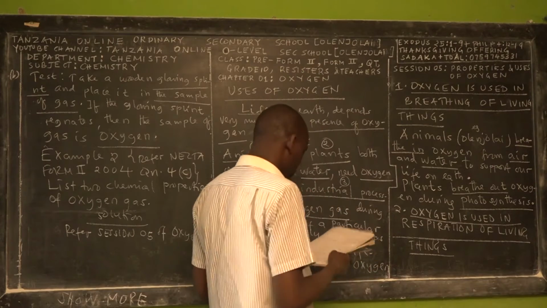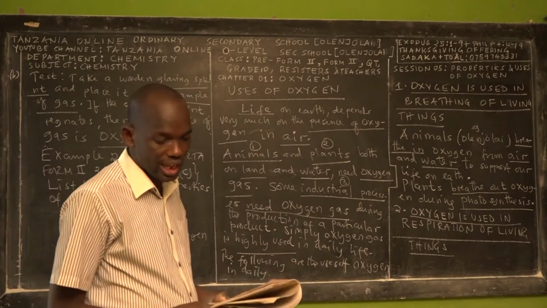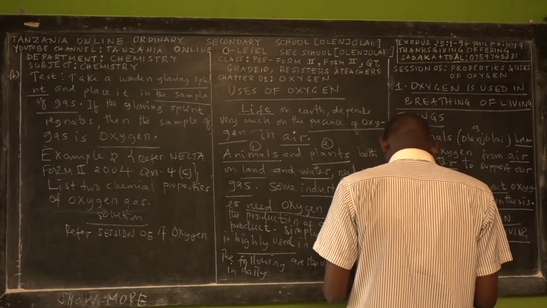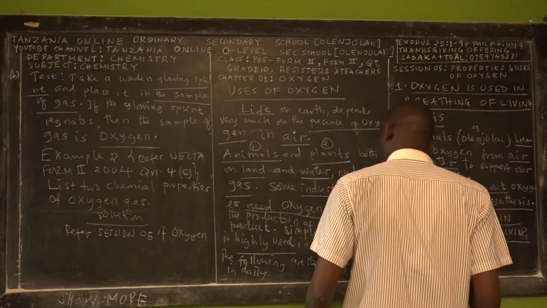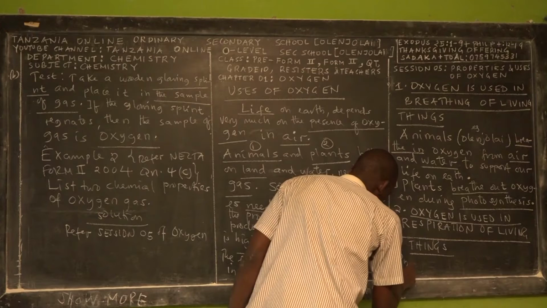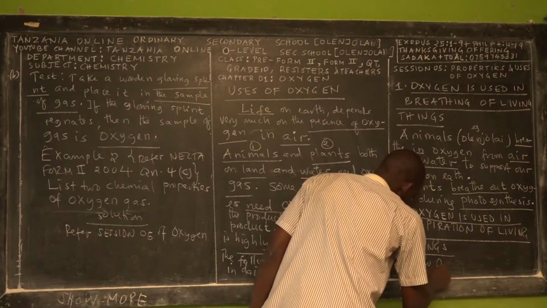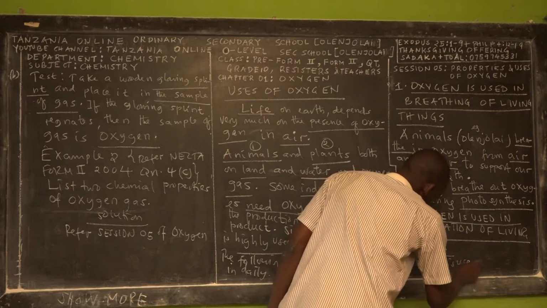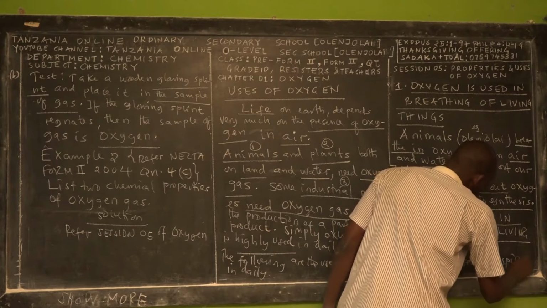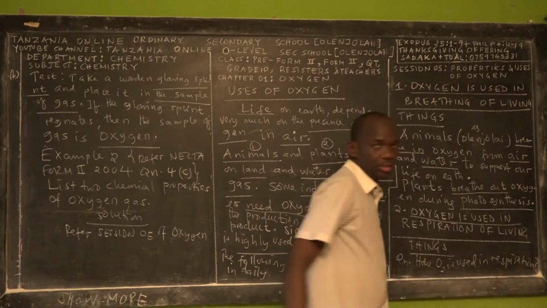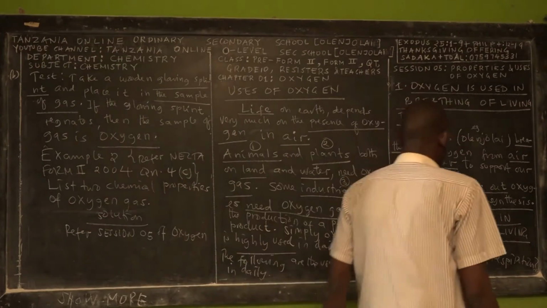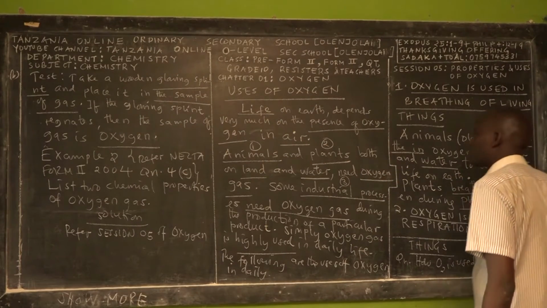So how is oxygen used in respiration? The first question: how is oxygen used in the breathing system? We said one of the chemical properties of oxygen is that it's a strong oxidizing agent.